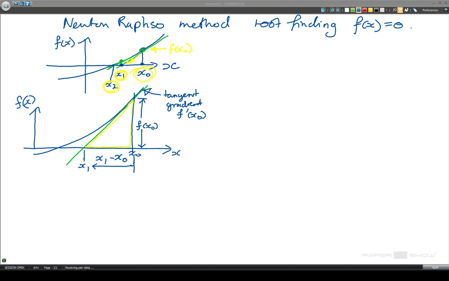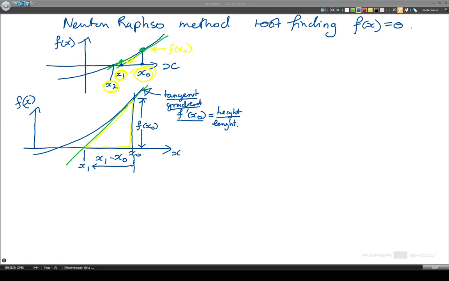Okay, now the tangent gradient is this, f prime of x0, but that gradient is also equal to the height divided by the length.